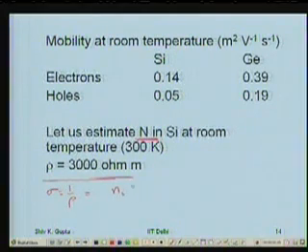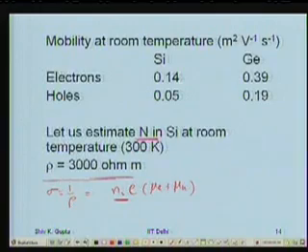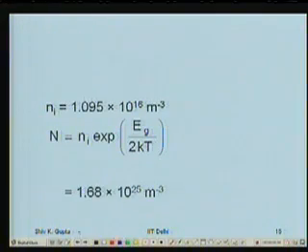And that's Ni times e times (mu e plus mu h). Substituting this, it is possible for us to find out the intrinsic charge carriers. And that's what we work out, it turns out to be 1.095 times 10 to the power 16 per cubic meter.